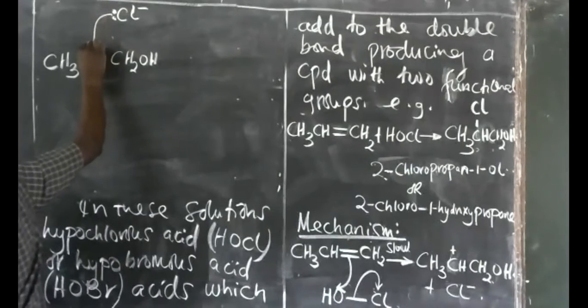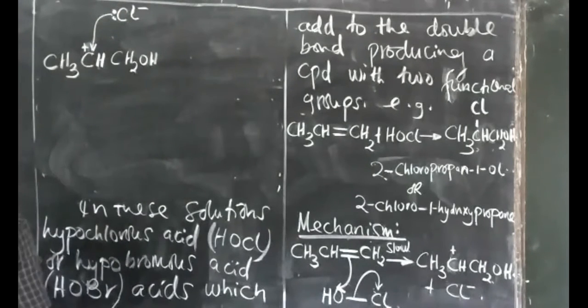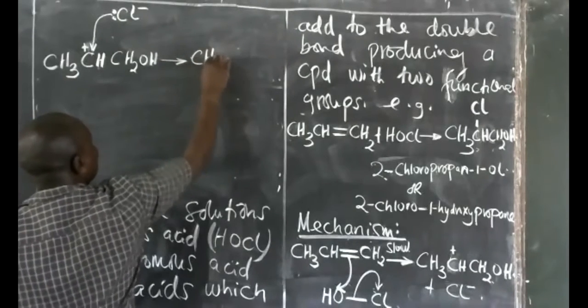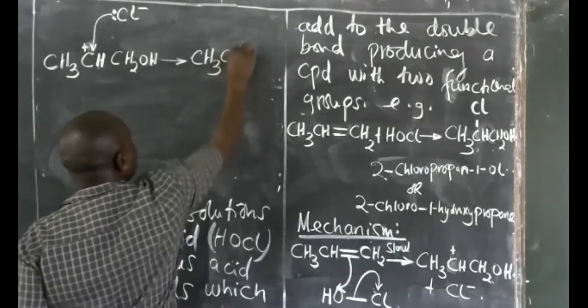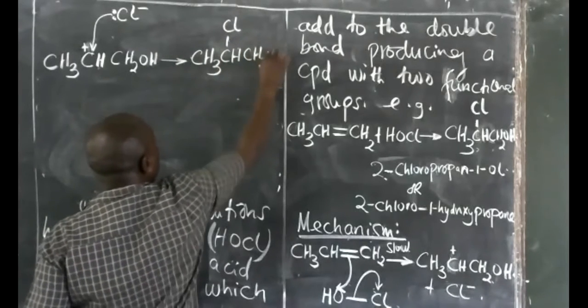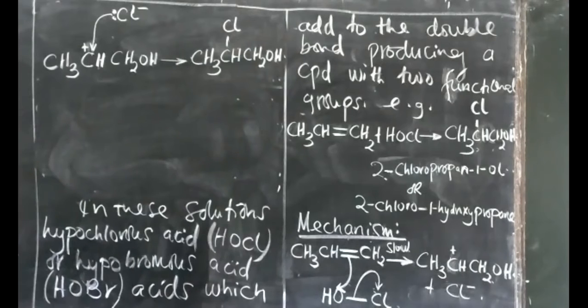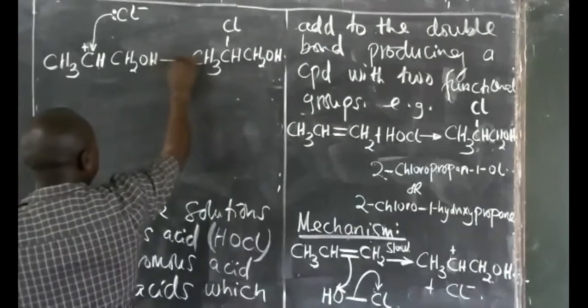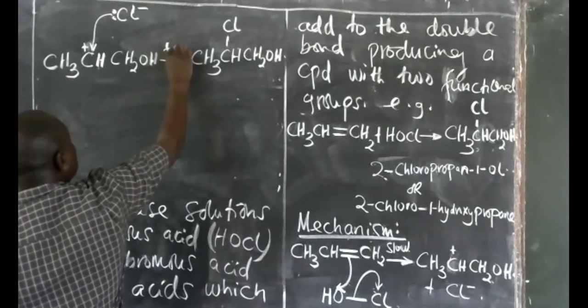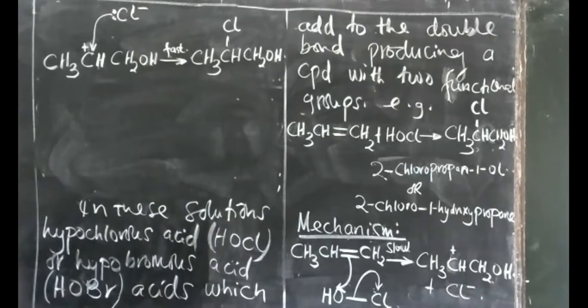So this one will attack the carbon which is positively charged, to give us our final product, which is going to be CH3, CH, Cl, CH2, OH. That is the first step.